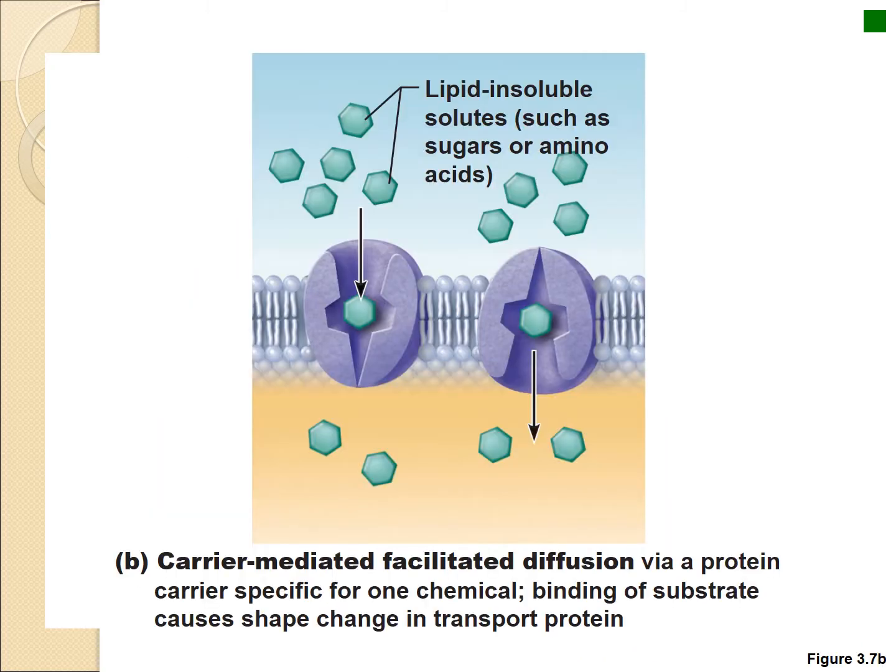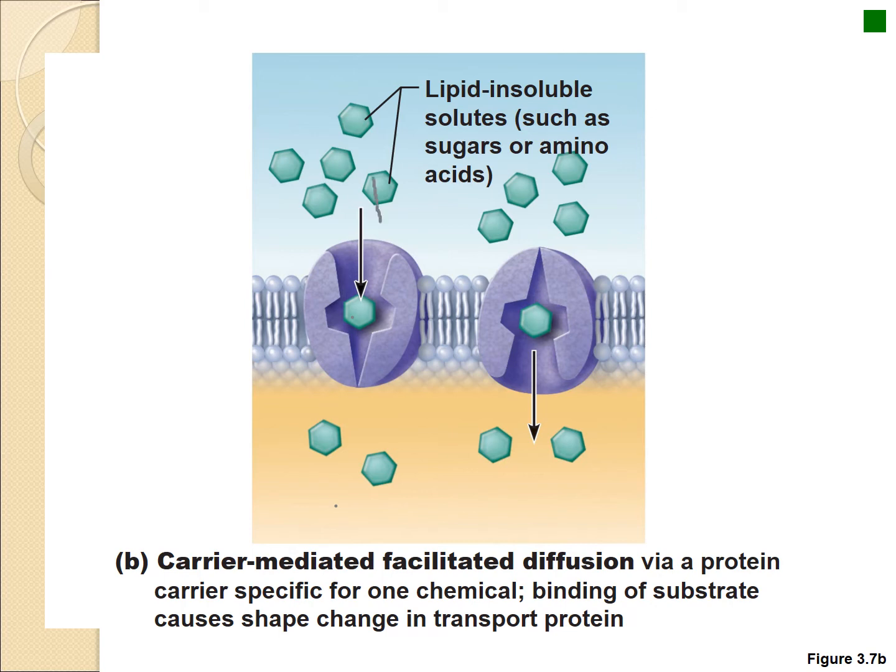So here is carrier-mediated facilitated transport, and all this means is that there's a carrier that holds on to one molecule of something that you want to take into the cell. It grabs onto it and pumps it in. So this is what we call a transmembrane carrier.